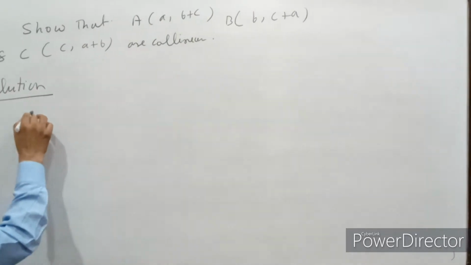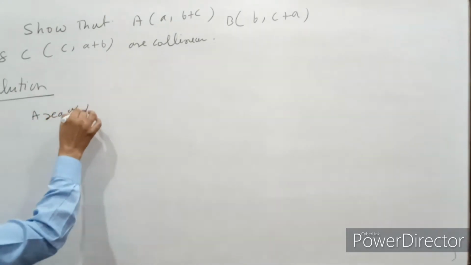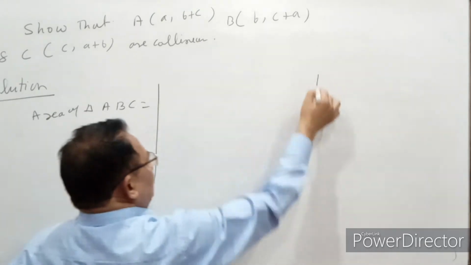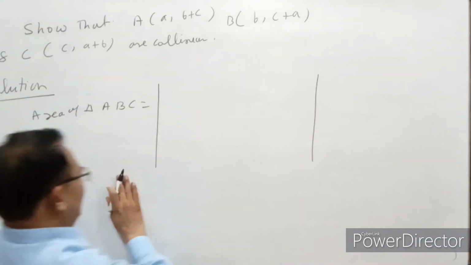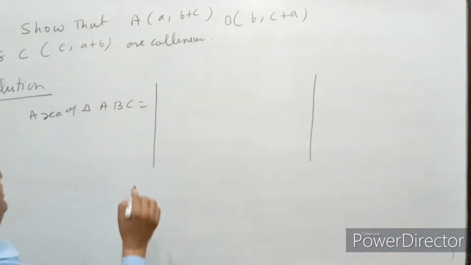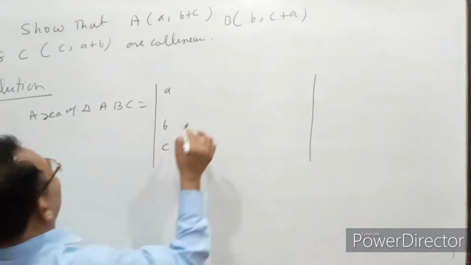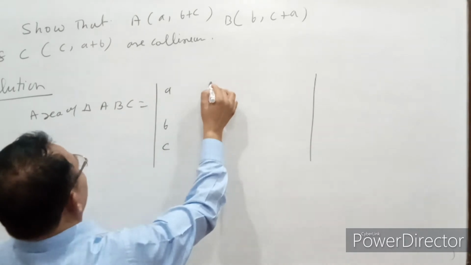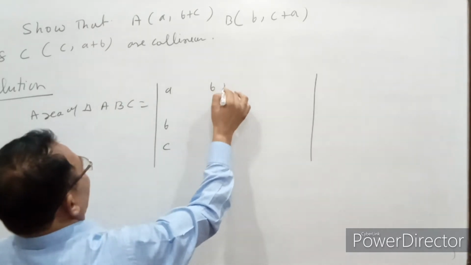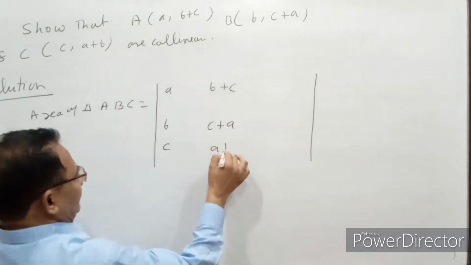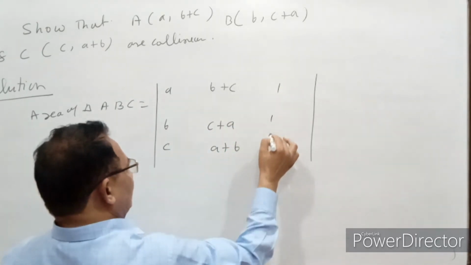So the area of triangle ABC should be evaluated with the help of the determinant: a, b, c, then b plus c, c plus a, a plus b, and 1, 1.